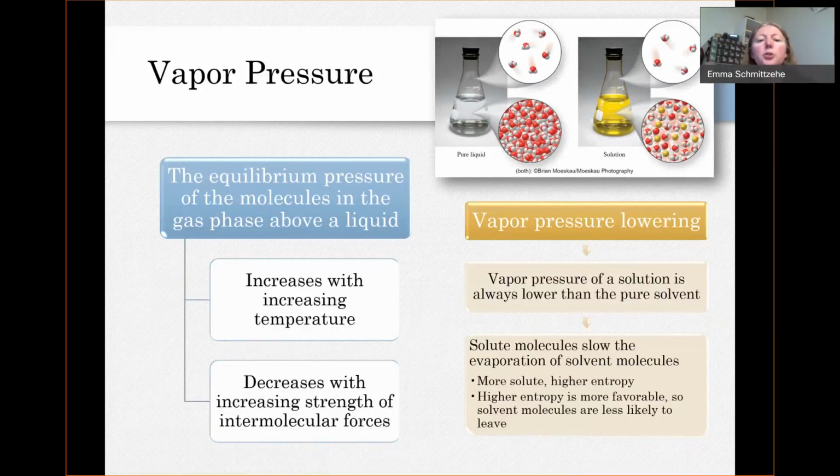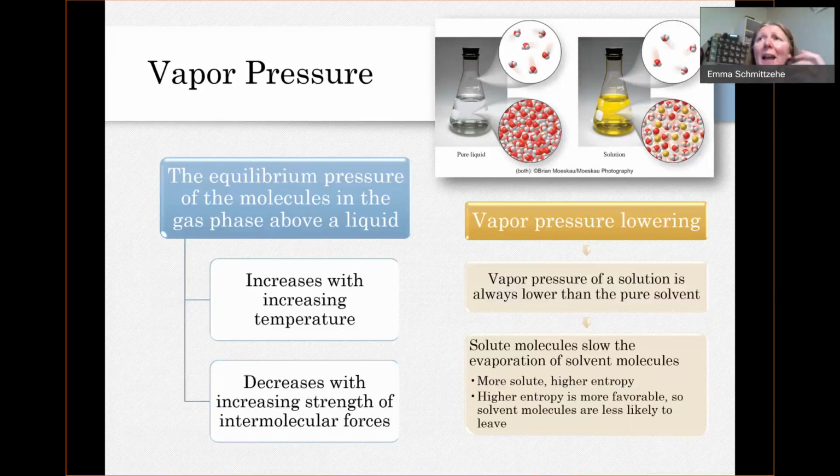So remember, vapor pressure is the pressure above that solution when you have some things evaporating and some things condensing all at the same time, right? But if they're evaporating slower, now more stuff is going to get captured by the solution and the resulting pressure above it is going to be lower, okay?